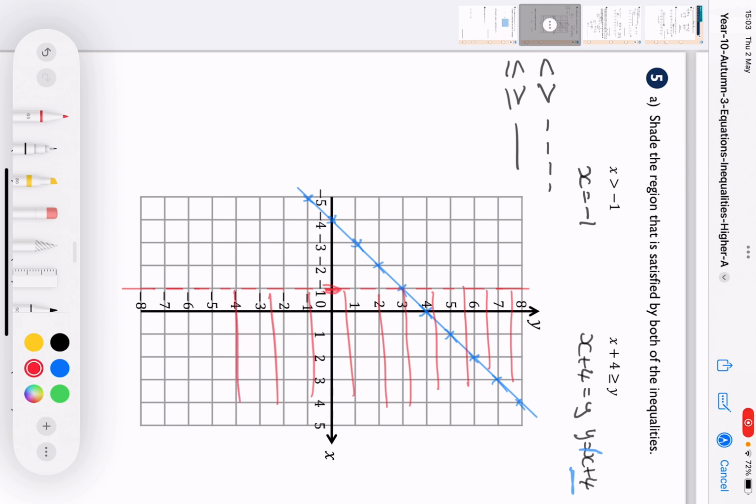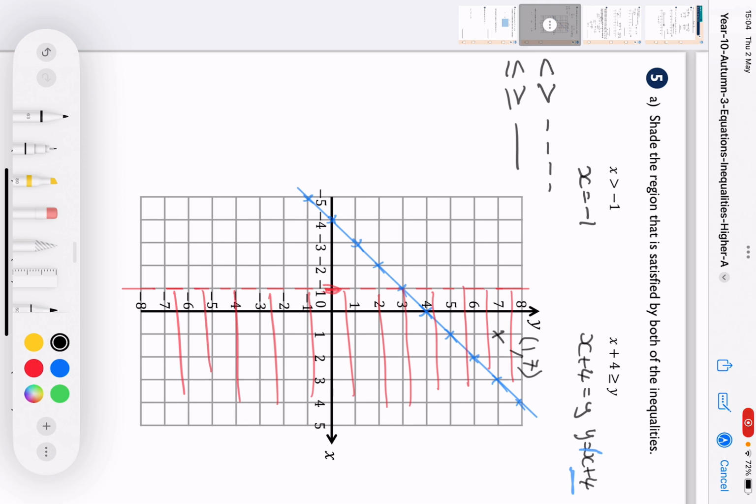It's not necessarily a way that I would do this, but that is one way of doing it. And then I look at, where does x plus 4 bigger than or equal to y? Now, the way that I do this is by finding a coordinate, and I'm going to use this coordinate here, and the coordinate is 1, 7. Just as long as it's either side of the line, it doesn't matter.